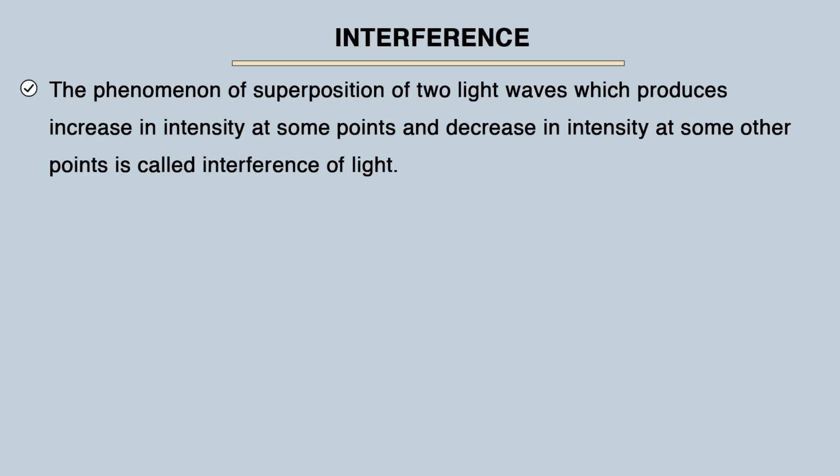Now, I am including two more phenomena related to wave optics, where we consider the wave nature of light. One is interference. The phenomenon of superposition of two light waves, which produces an increase in intensity at some points and a decrease in intensity at other points, is called interference of light, and that pattern is known as the interference pattern.